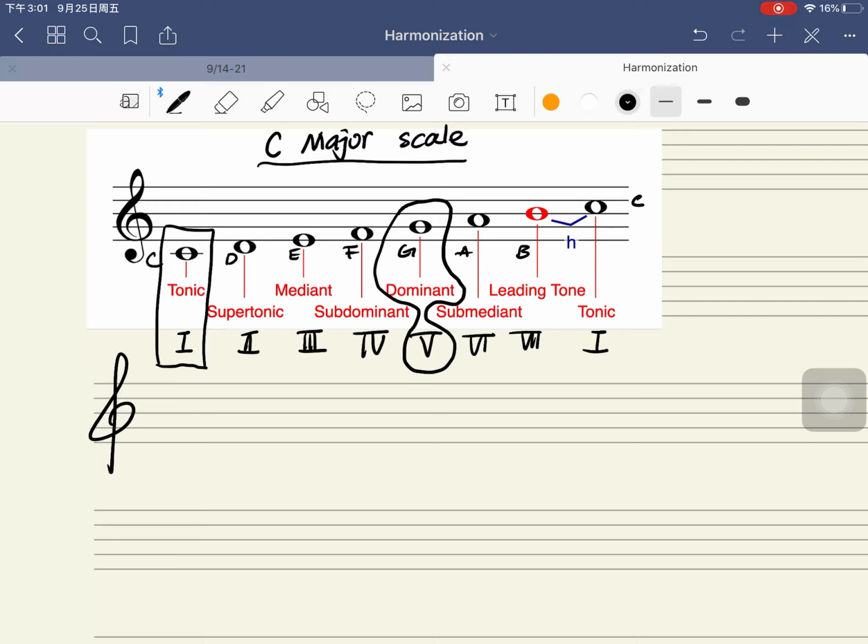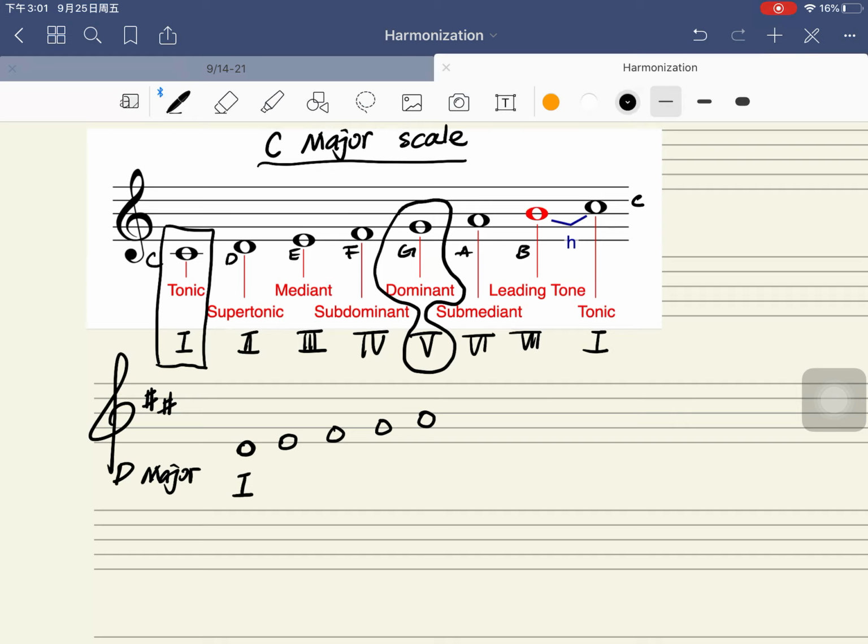But if we jump to D major, which is sharp, it has 2 sharps. So we're in D major. The tonic should start on the D. Here, this is the 5th note.